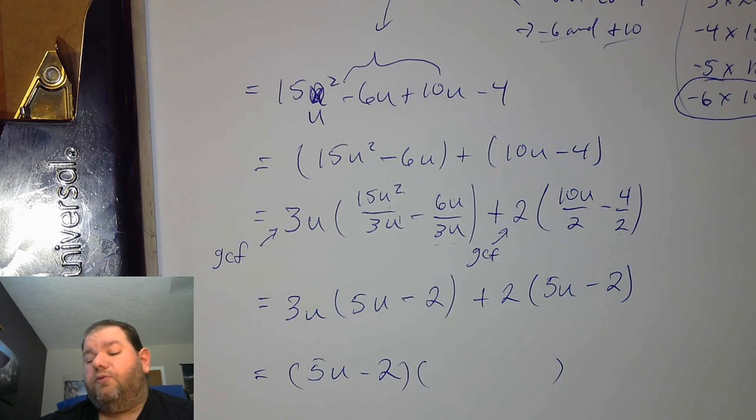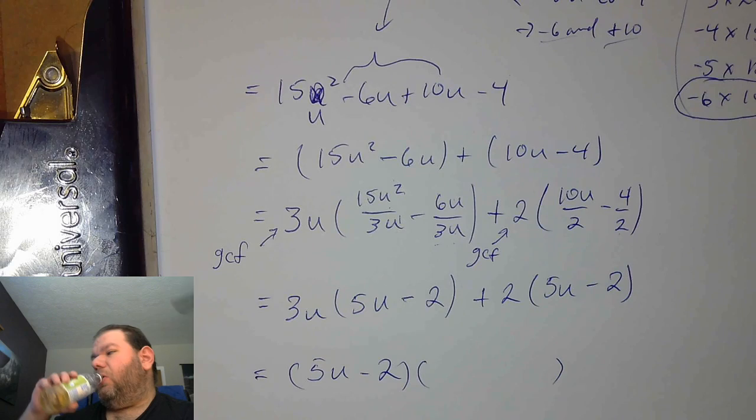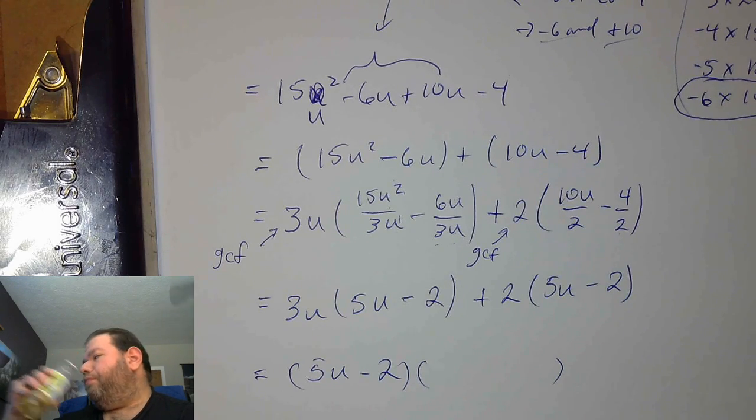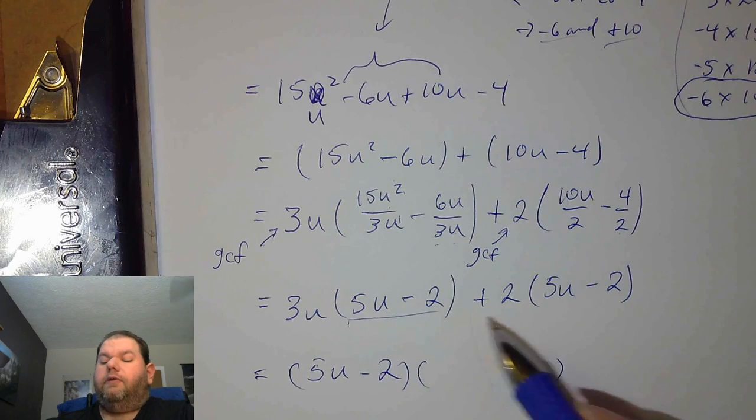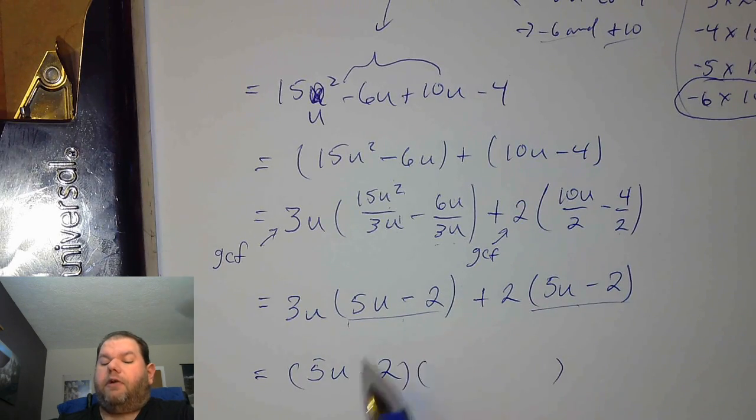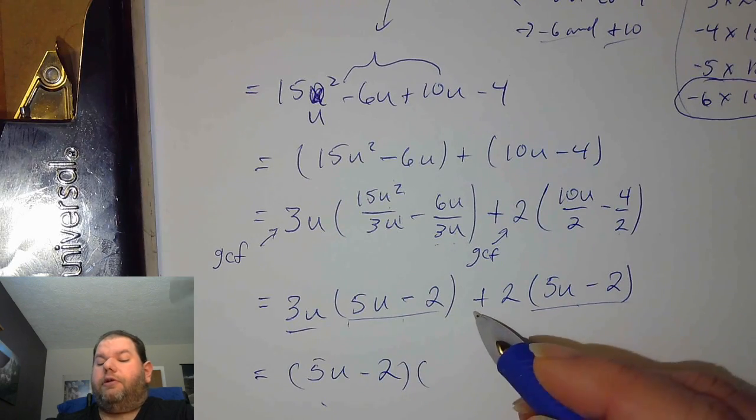And then the question is, what is the other factor? So these are in common, so we factored it out, and that leaves the 3u and the plus 2.